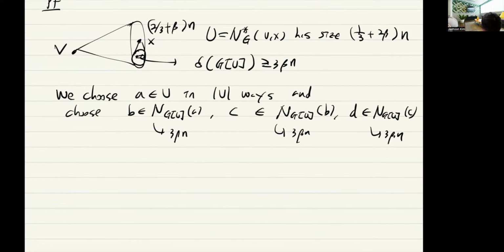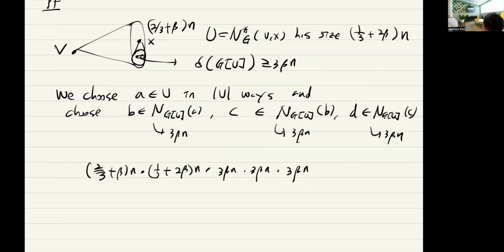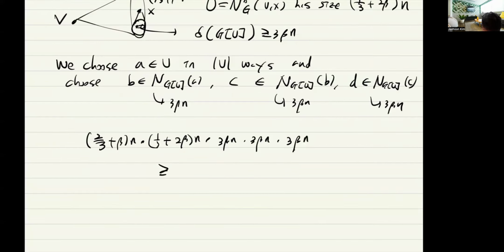So how many? Choosing X, there are this many ways, and then choosing A takes this many ways, and choosing B, choosing C, choosing D, so in total it's at least 2 times beta^5 n^5.